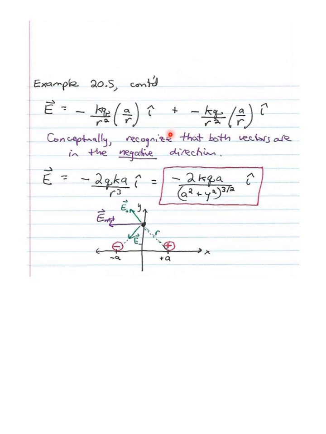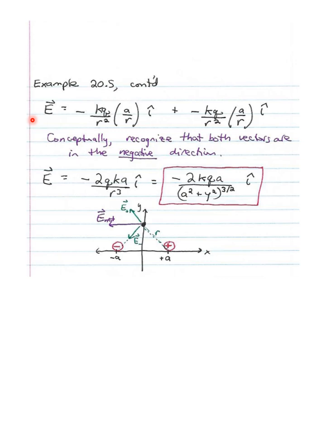Now bring that here, the total electric field, because remember there are two charges, the negative and the positive. Using the superposition principle, and looking only at the x component because the y's canceled out, the total field is negative kq over r squared times a over r i hat, plus negative kq over r squared times a over r i hat, because if you look back at the picture, they were both pointing in the same direction and equal to each other.